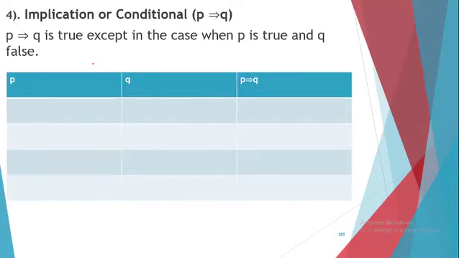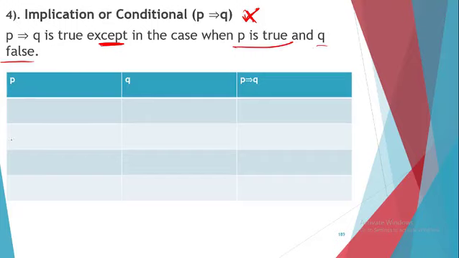Okay, so let us take implication or conditional. It says P implying Q is true except in the case when P is true and Q is false. Did you get that? P implication Q is true except, mark the word except, in the case when P is true and Q is false.